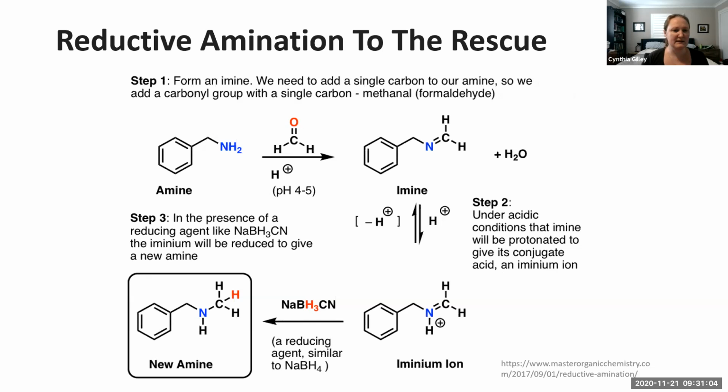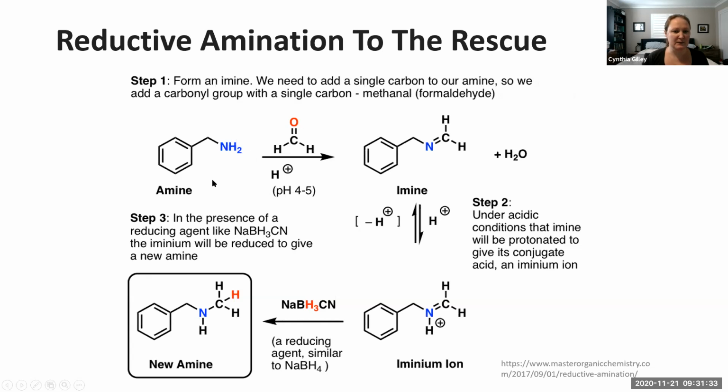The way it works is instead of treating the benzylamine with an alkyl halide, we're going to treat it with a carbonyl-containing component, and it can either be an aldehyde or a ketone. So for example, because I only want to add one carbon, with my additional methyl group, I am going to use methanal, also known more commonly as formaldehyde.